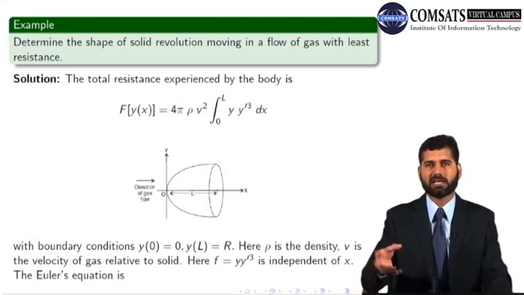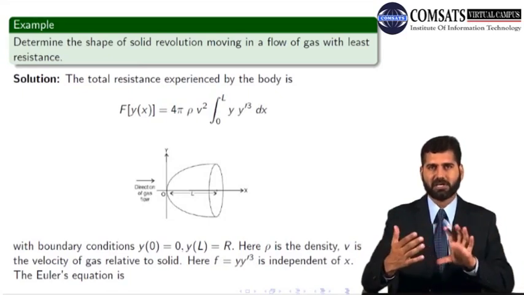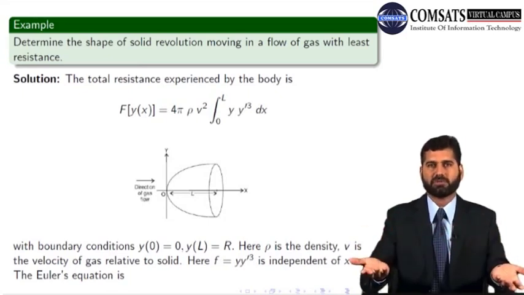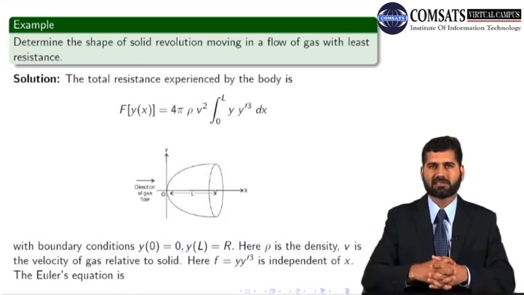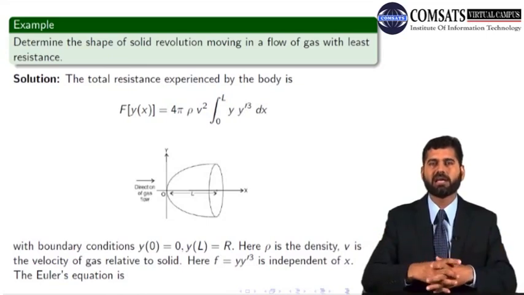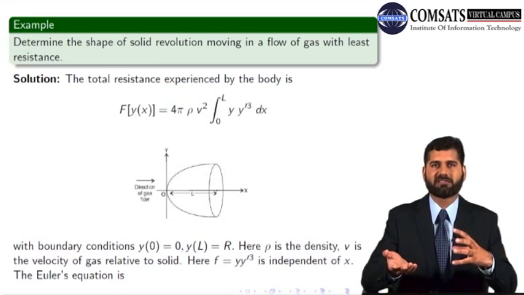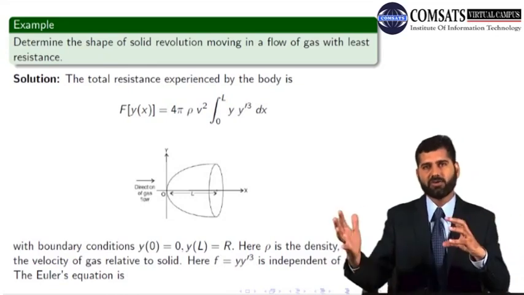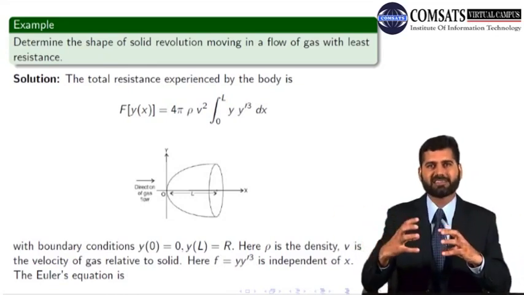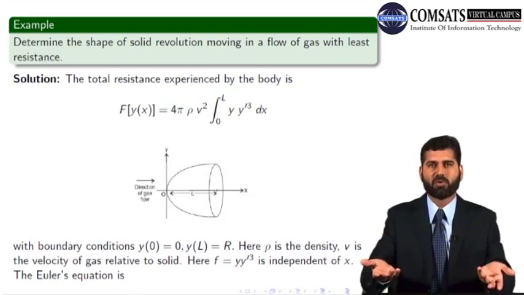Usually our moving objects should have that shape to maximize efficiency or performance, like rockets in the air or airplanes. They are moving, and you don't want more resistance on the plane, because it will cost more fuel.